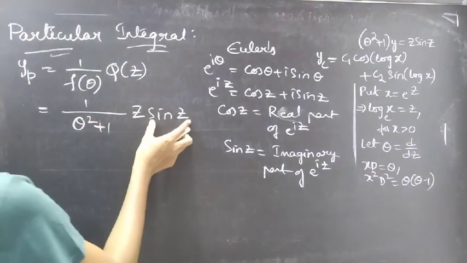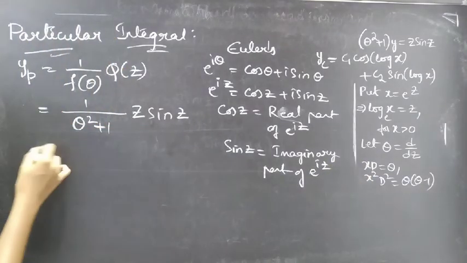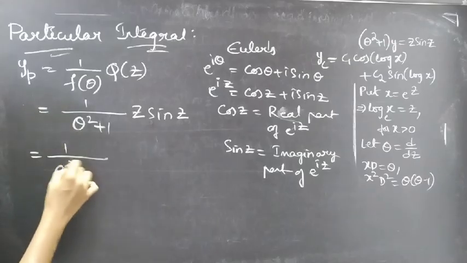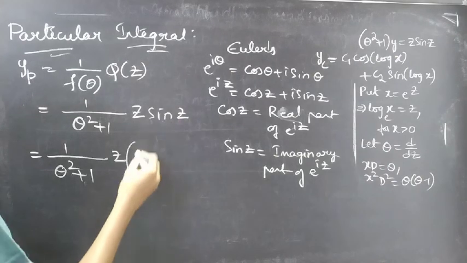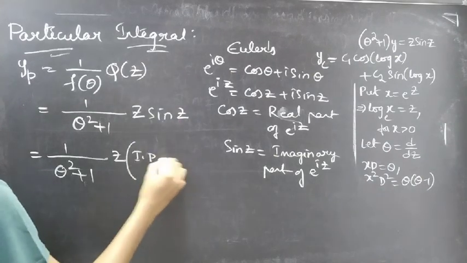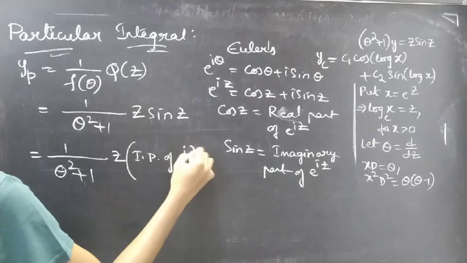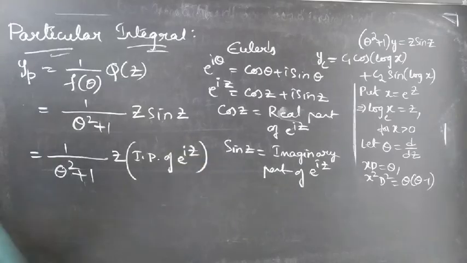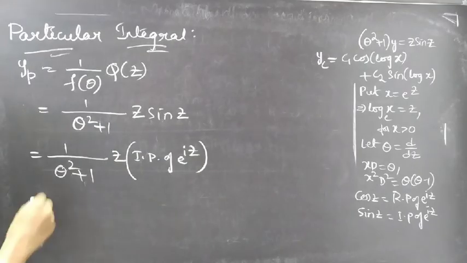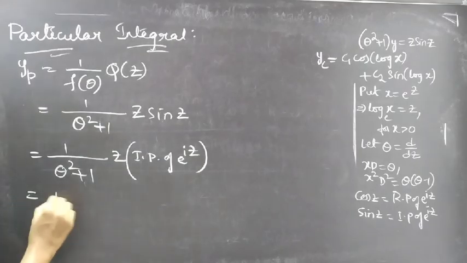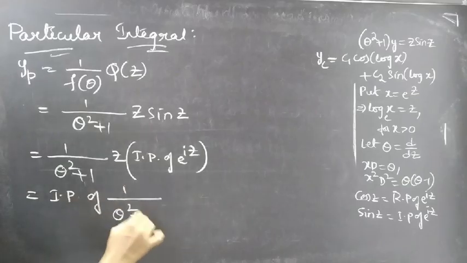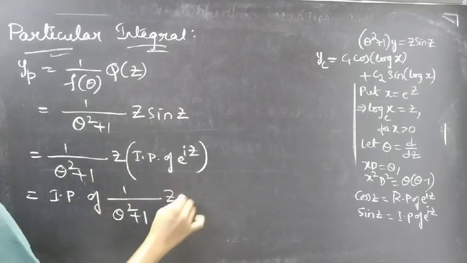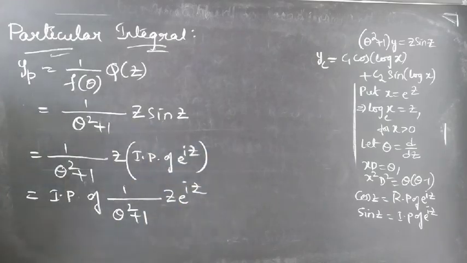Now we can write sin z as the imaginary part of e^(iz). This equals 1/(θ² + 1) into z into, replace sin z by the imaginary part of e^(iz), right? Which equals the imaginary part of 1/(θ² + 1) into z into e^(iz).